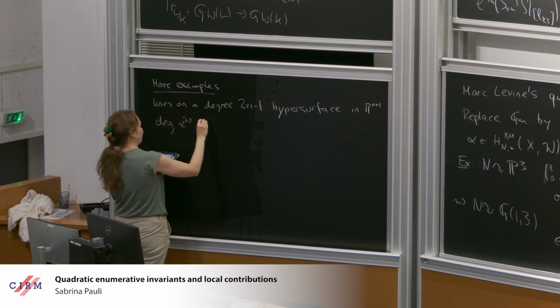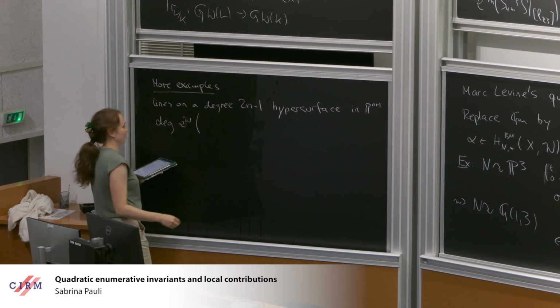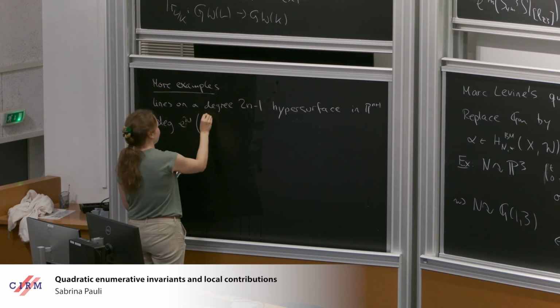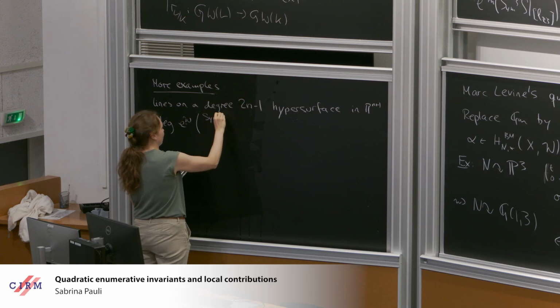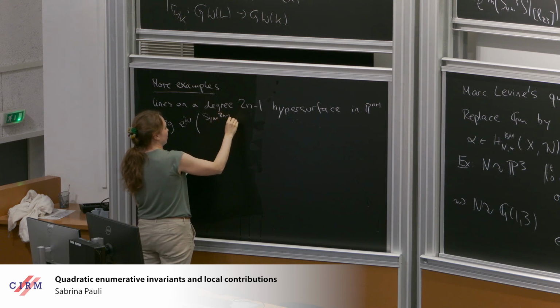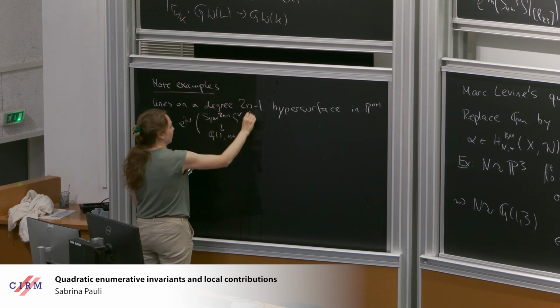So you can do this, and I hope I gave you enough, but you might believe me that you can compute the quadratic version in the Witt ring of k as the Witt-valued Euler class of Sym^{2n-1} of the dual of the tautological bundle over the Grassmannian of lines in P^{n+1}.